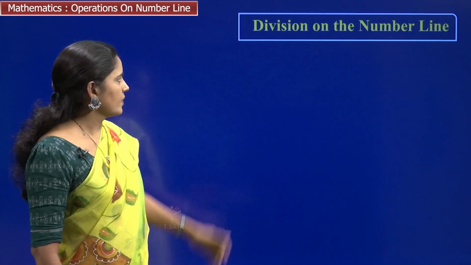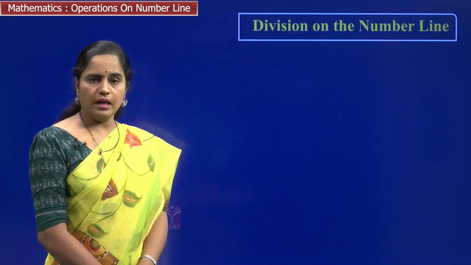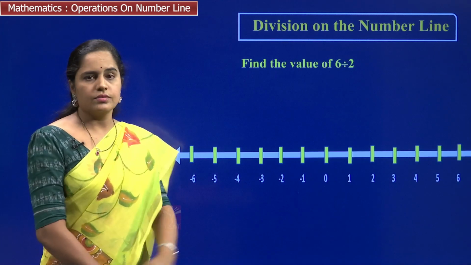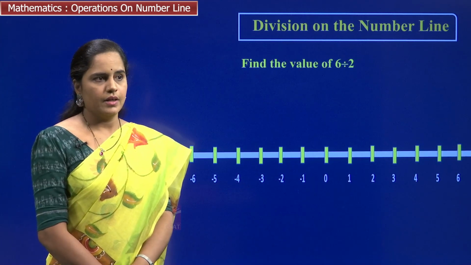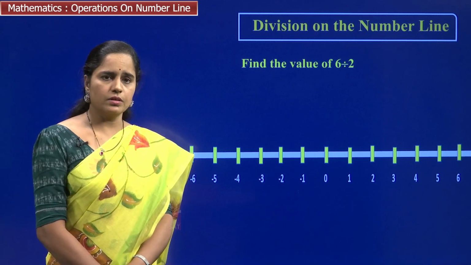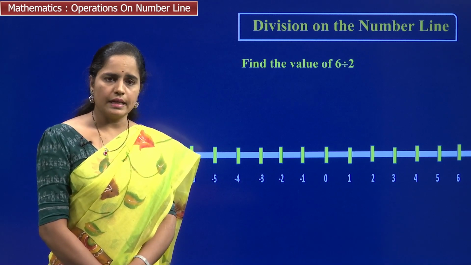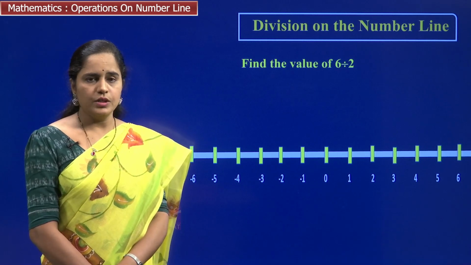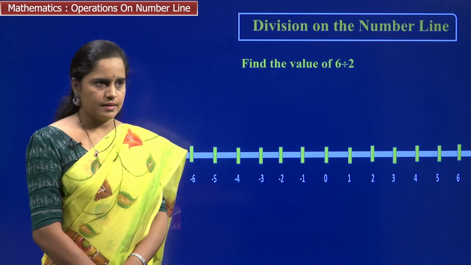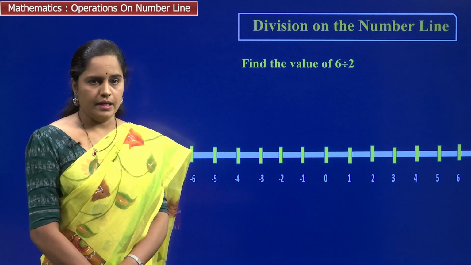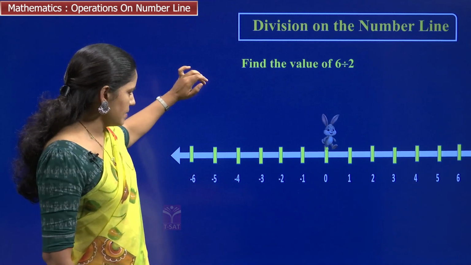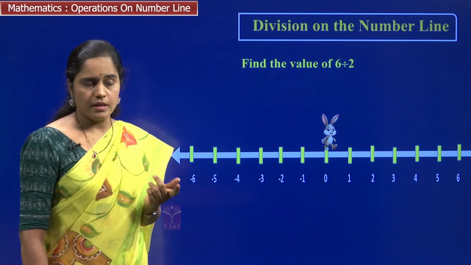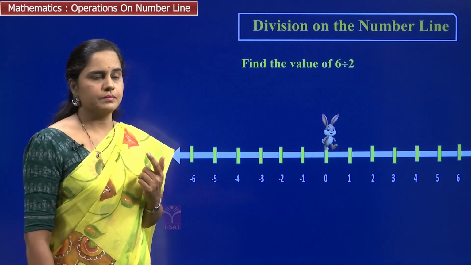And next, division on the number line. Find the value of 6 divided by 2. All of you know division is nothing but repeated subtraction. So, we are subtracting 2 from 6 repeatedly. How many times can we subtract 2 from 6?